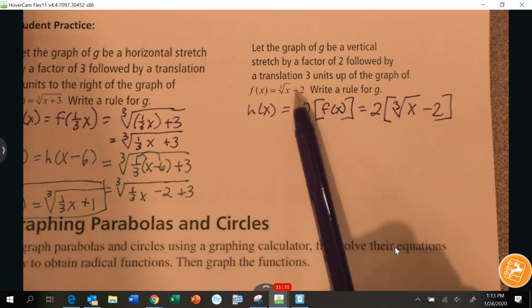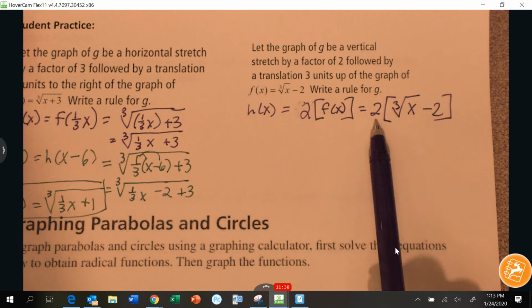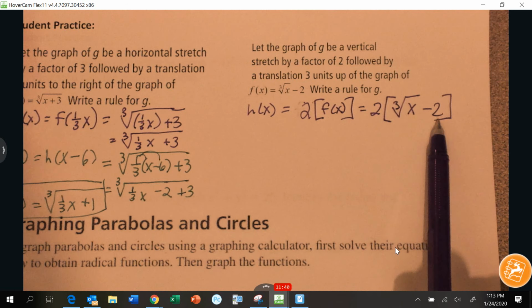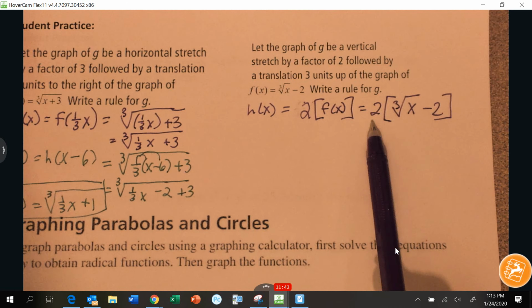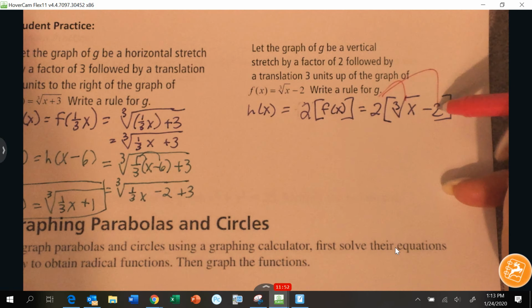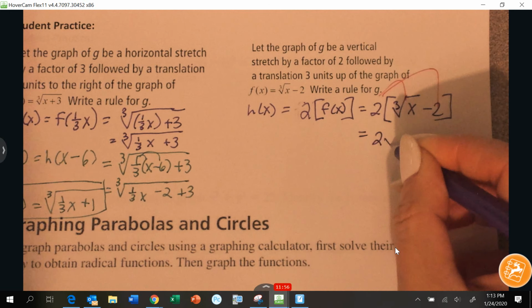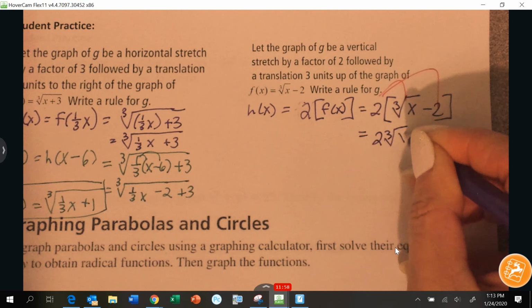Cube root of x minus 2 is what I'm doing. So we're going to do 2 times the f function, which is 2 times cube root of x minus 2. Now, with this 2, what should I do? Distribute. Outside brackets. So I get 2 cube root x minus 4.